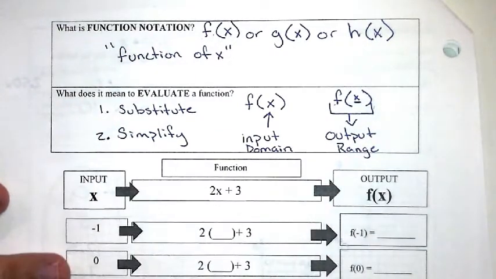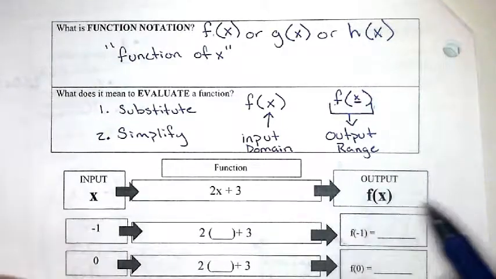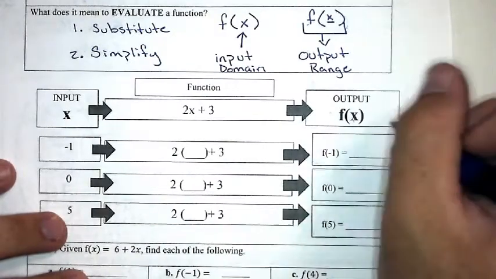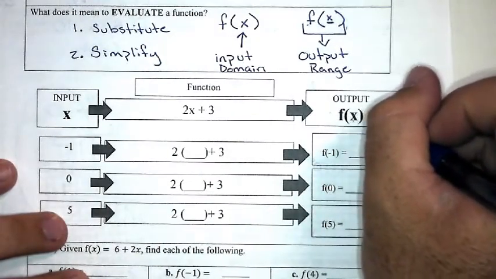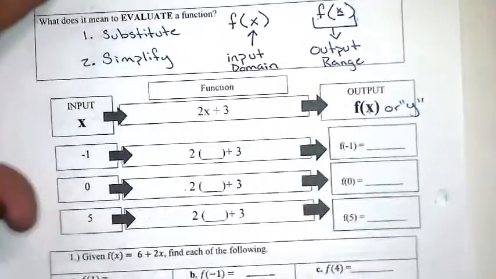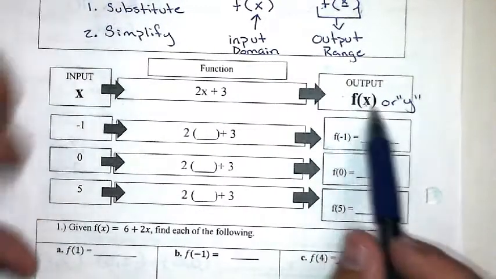Input is your domain, your x values. Output is your range, or our y values. Down here in this table, f of x, all of that means y. Literally the variable y. The f parentheses represents the letter y. It's just another way of writing it.